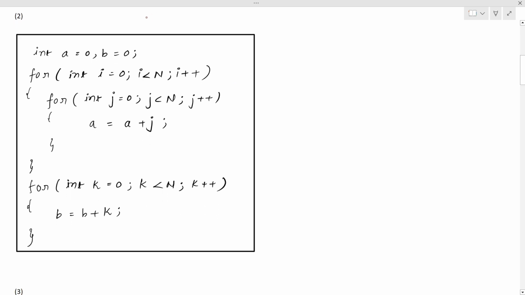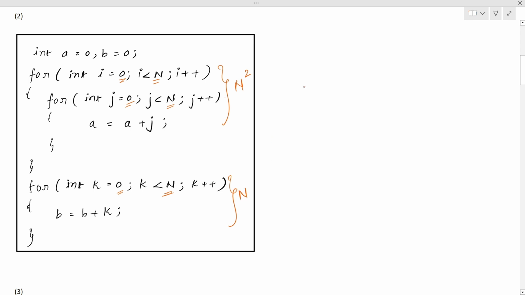In this example, you can see we have declared some variables, and here you can see we have two for loops, right? The first for loop is running from 0 to n, and the second for loop is running from 0 to n. That means these two nested for loops take complexity of n square, and this is a single for loop. You can clearly see it's running from k equal to 0 to n, so it takes n.